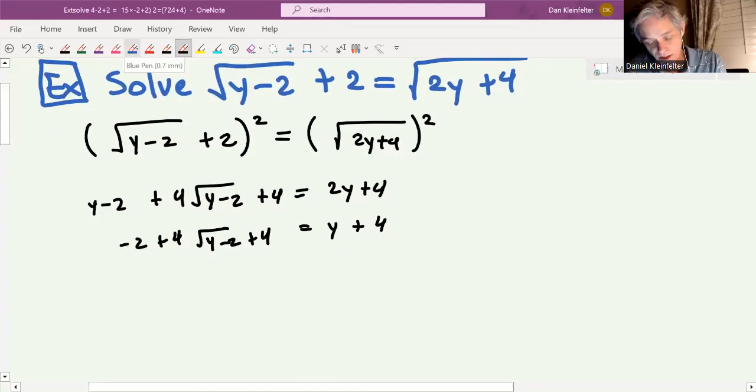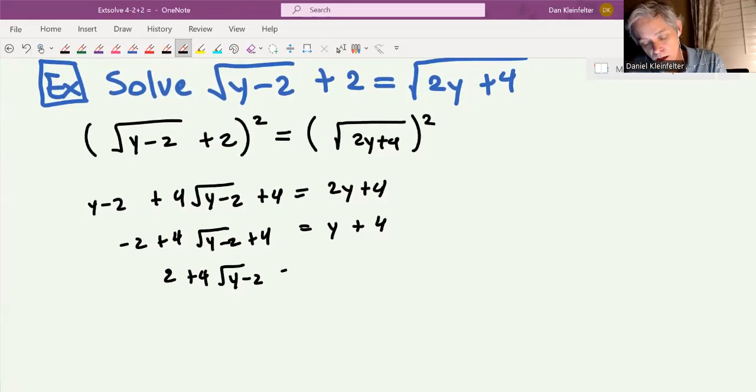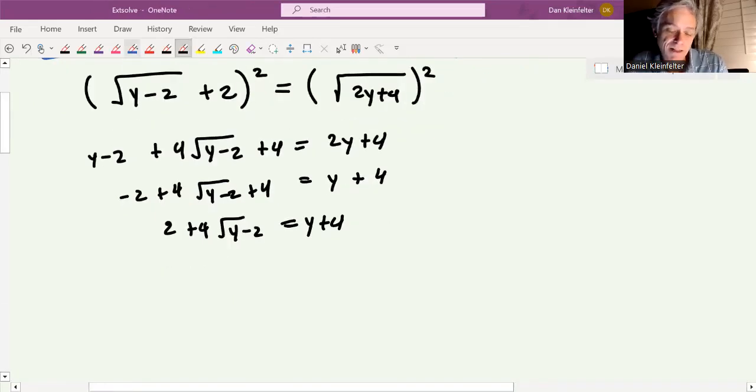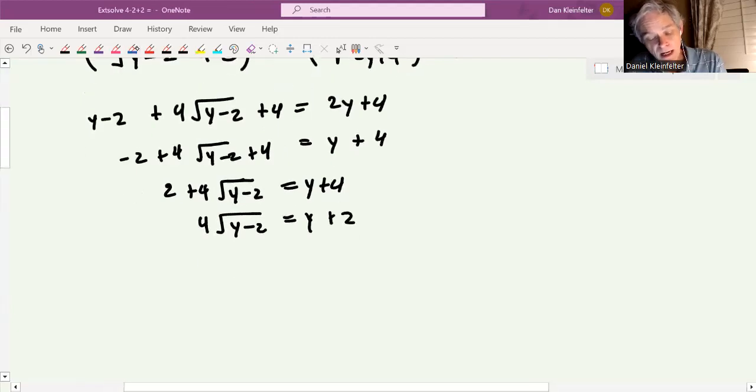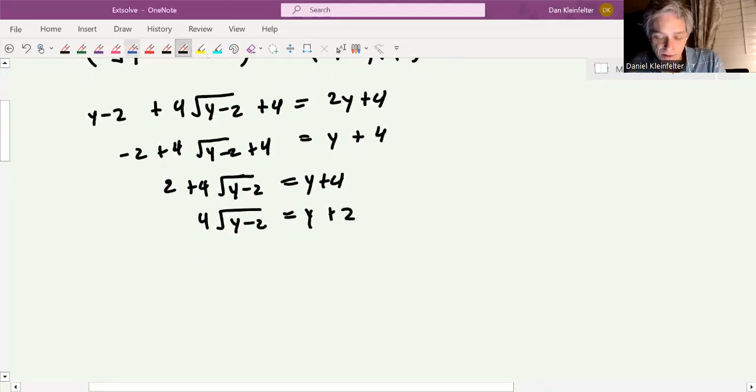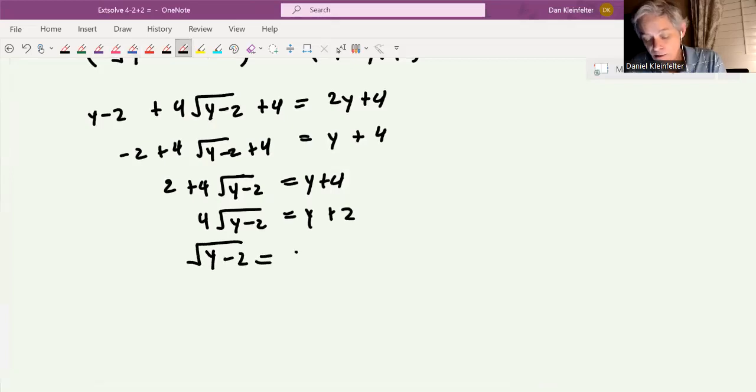Negative 2 plus 4 will give us a 2. Okay, and now finally subtract the 2 from both sides. 4 square roots of y minus 2 equals y plus 2. And then let's divide out that 4. So we'll have the square root of y minus 2 equaling y plus 2 over 4.